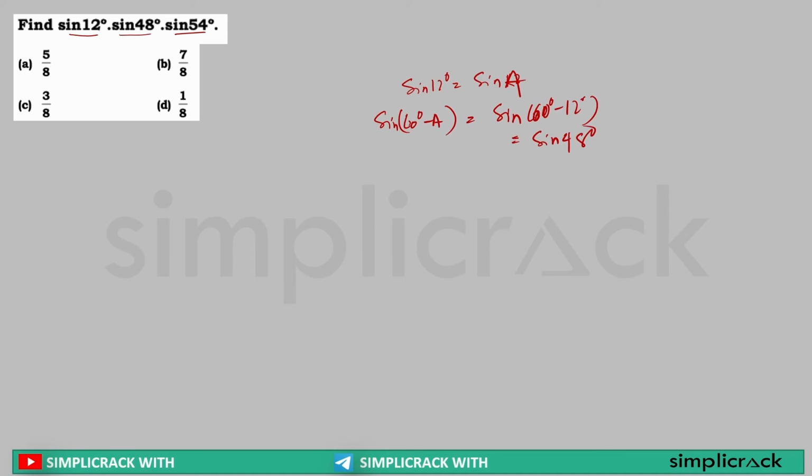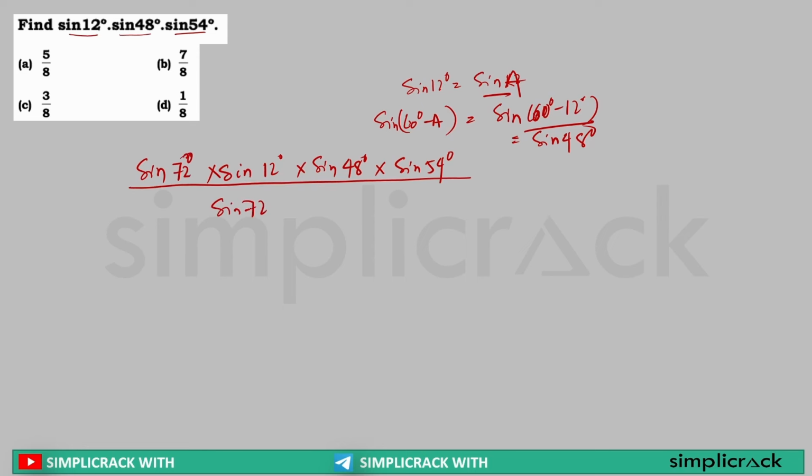Yes or no? Yes. Now sine 60 minus A, sine A is here. So if I add sine 60 plus A, that means sine 72 degree on the upper part, and I divide the same in the lower part, it won't change the whole equation because this will be crossed out.